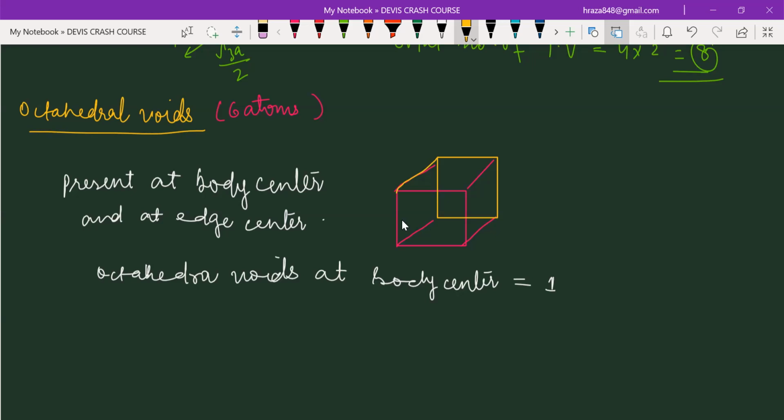Okay, if you have an atom on an edge, into how many parts is this atom divided? It's 4. Right? 4. So octahedral voids.